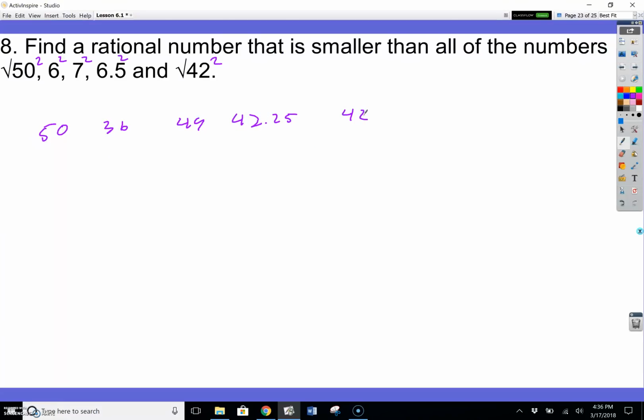And it says find a number that is smaller than all these numbers. Well, that means my smallest number out of all these is 36. That correlated with the number 6. So what it's just saying is tell me any number smaller than 6. So there's infinitely many answers. You just need to write any number smaller than 6. So those are all possible solutions.